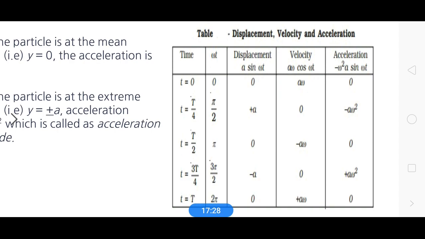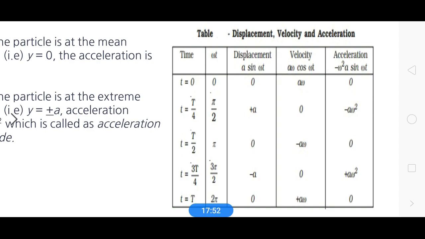Let us discuss this one. At t is equal to 0, omega t is equal to 0. So the displacement is a into sin 0. Sin 0 is 0, so the displacement is 0. Whereas the velocity is a omega cos omega t, so it is a omega cos 0.